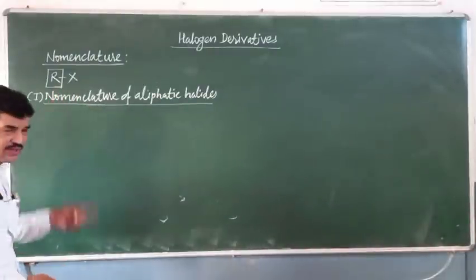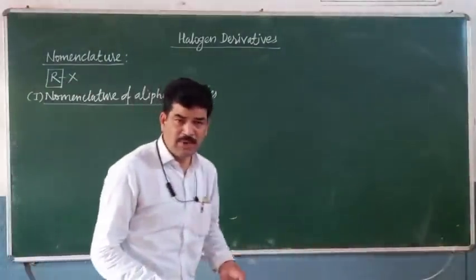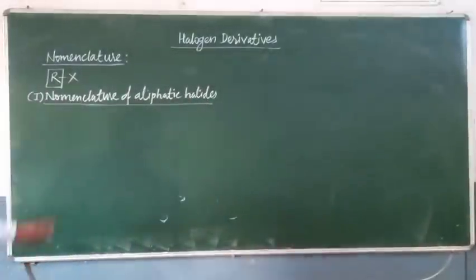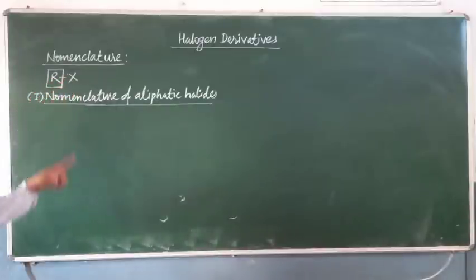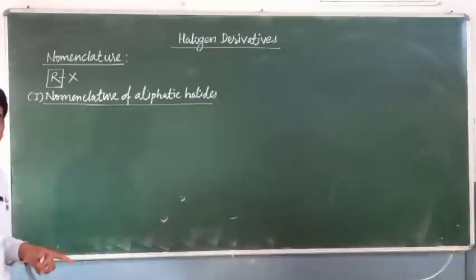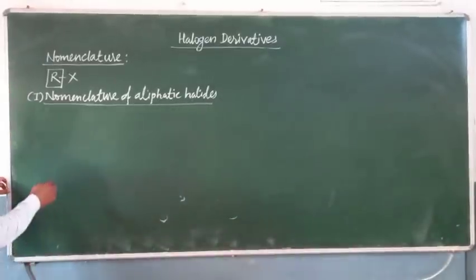The name of the halogen is written as halide, but before that, the name of the hydrocarbon chain should be written. In this way we can make the common names.